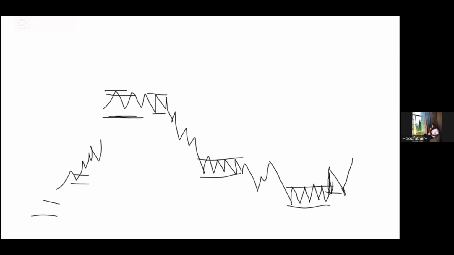So as the market breaks out of this phase, it is now called accumulation phase. This break validates that this is now an accumulation phase. What do you expect? We expect the market to give us a quick pullback back into this phase. So the market now starts creating higher highs, higher lows, higher highs.